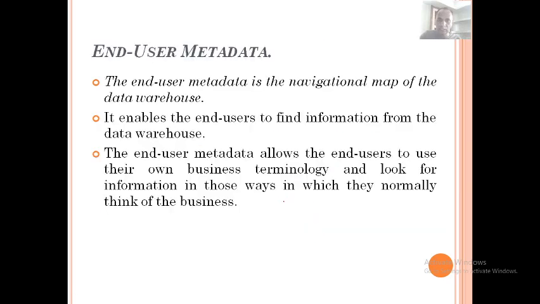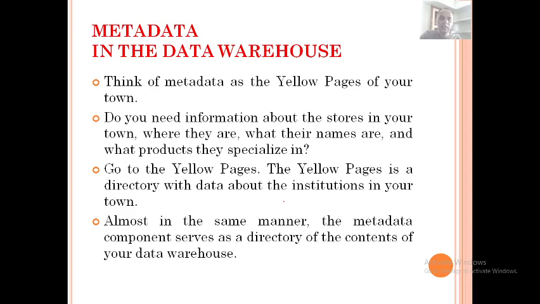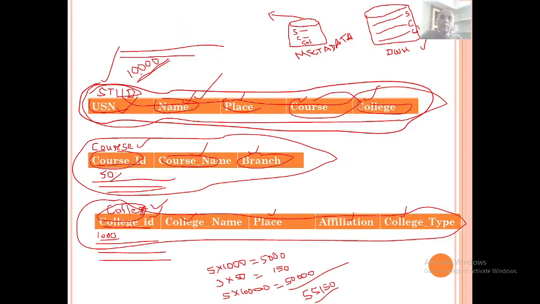See here now, one more thing: if you want to make any changes in any of the tables in this data warehouse, first you need to make the changes in the metadata, and only then will it be reflected in the data warehouse. Directly you cannot make changes in the data warehouse. First you have to make those changes in the metadata. Or if you make any changes directly here, the same thing will be reflected here. Got it?